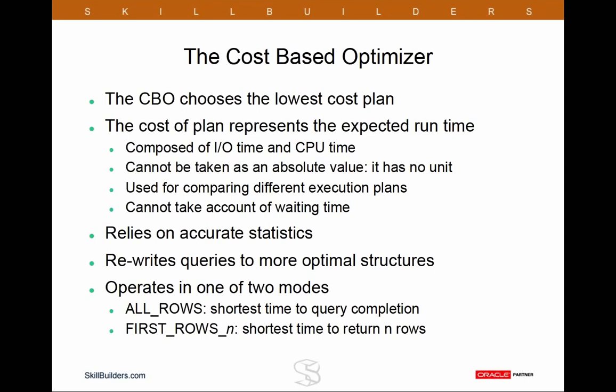So typically the optimizer will not choose a plan which does a lot of pre-processing, a lot of hashing or sorting or loading into memory. It simply wants to get you the first maybe 10 or 100 rows as quickly as possible.